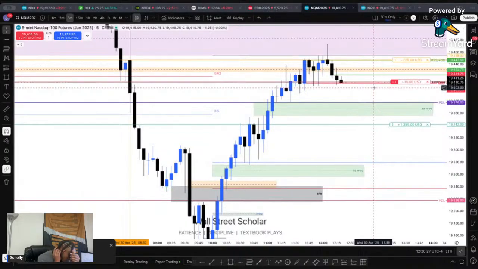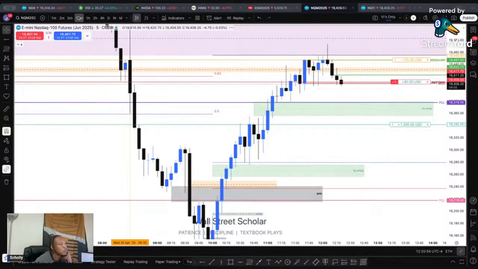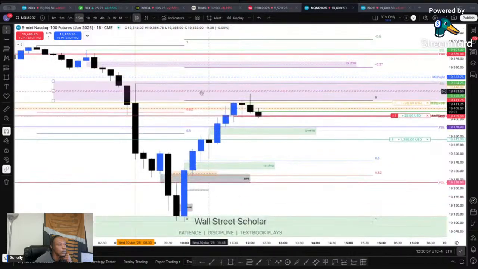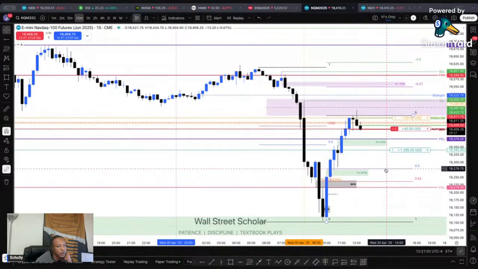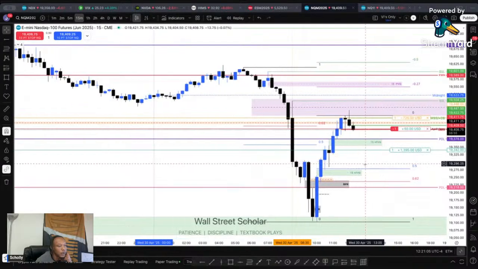We got another one that fold too. $15. 50% is 279. 15-minute gap at 274.